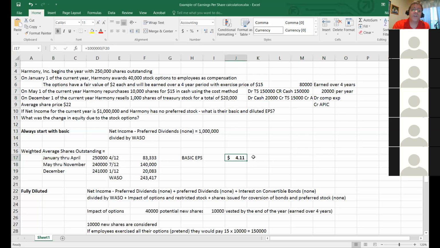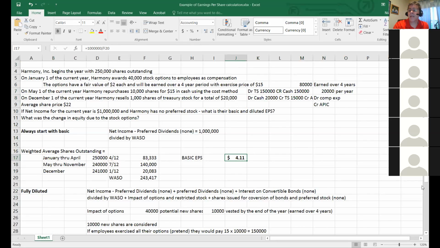And our earnings per share should always be a dollar amount and cents. Should always be rounded to the nearest penny, and it should have a dollar sign by it. So we remember that this company earned $4.11 for every share of stock outstanding. So if a shareholder owned one share, this company made them $4.11 on their behalf.